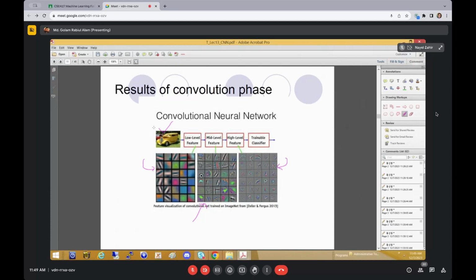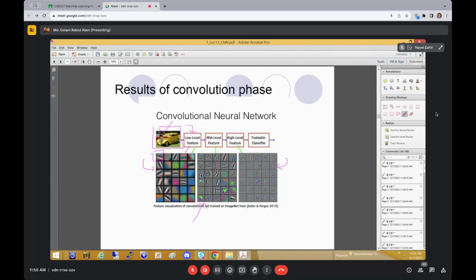So for this car image, if we apply the first convolution and display the convolutional results, then this kind of result you will get. This result you will get from the first filter, like a brake detector or something. For this case, maybe the body of the car detector, the wheel detectors.